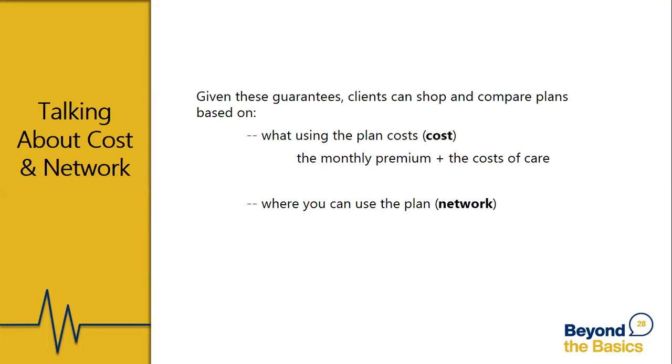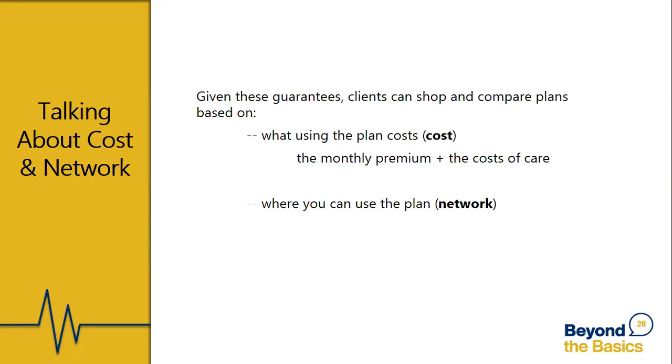So again, if we can get on the same page about these things as a starting off point with clients, that means we can start to talk about plans in comparison to other plans, starting, I think, with notions of cost, right? And when I say cost, I want to make sure I'm emphasizing that this is a two-part conversation, a balance of what you're actually paying for the plan, the premium, with the costs of what your care needs are going to be, which is also hard because a lot of people won't necessarily know.